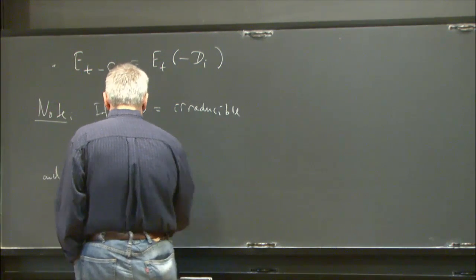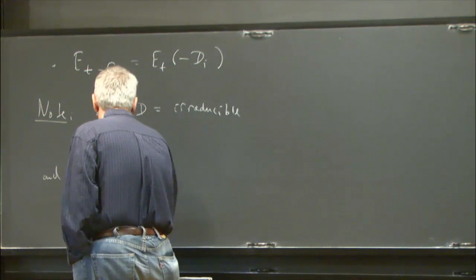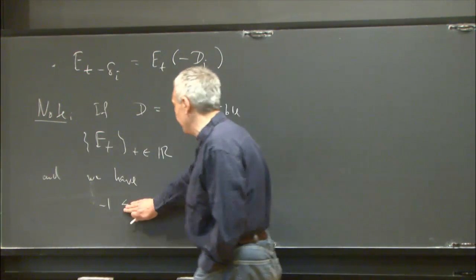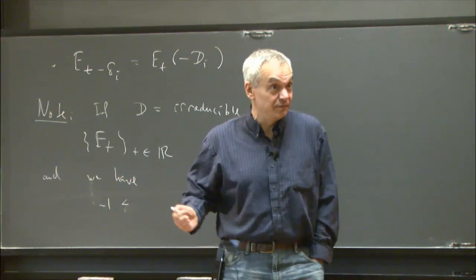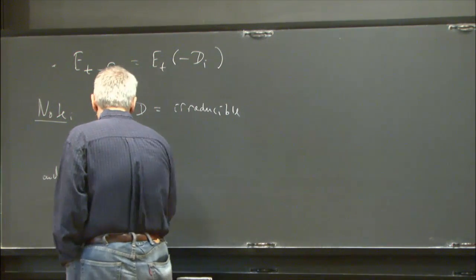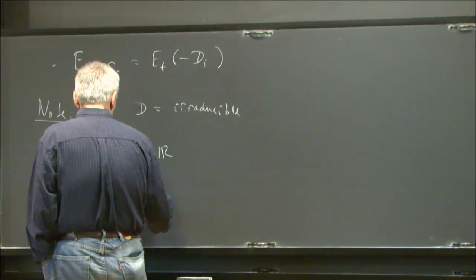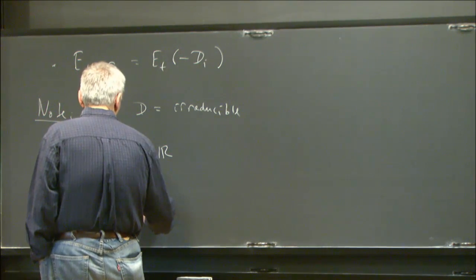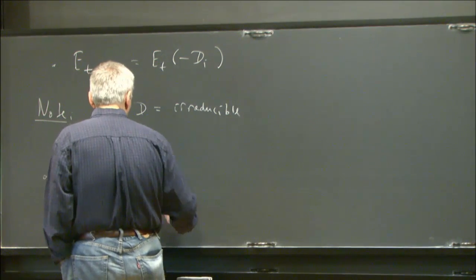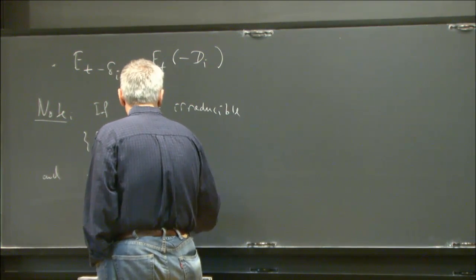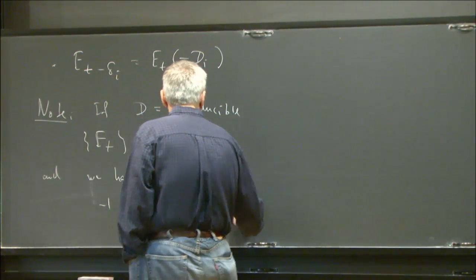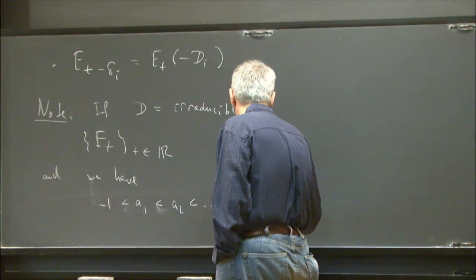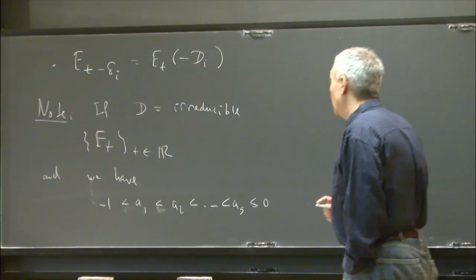And so I'm going to label my parabolic weights by numbers between -1 and 0. I mean, there are different conventions. You can label them by numbers in any interval of length 1. So -1 ≤ A1, A2, ..., AS ≤ 0.